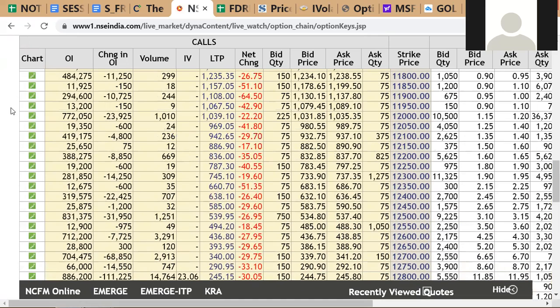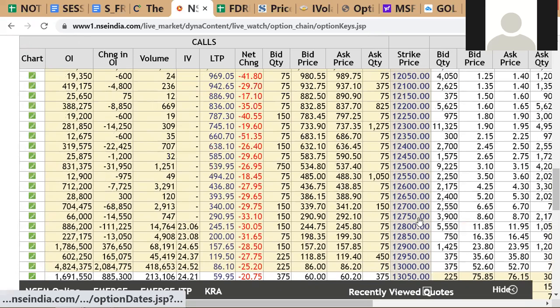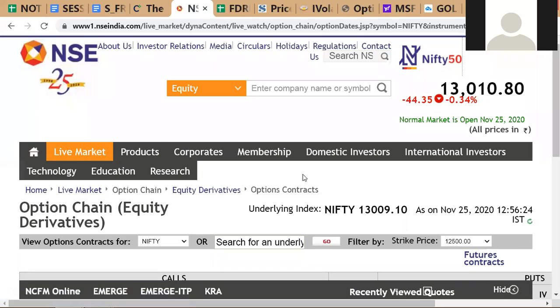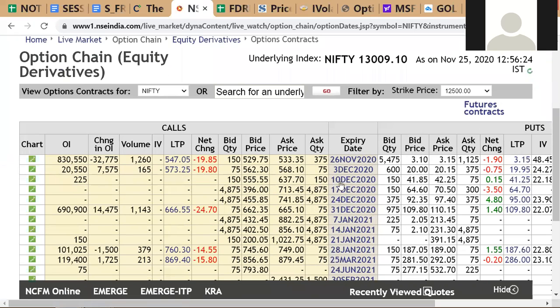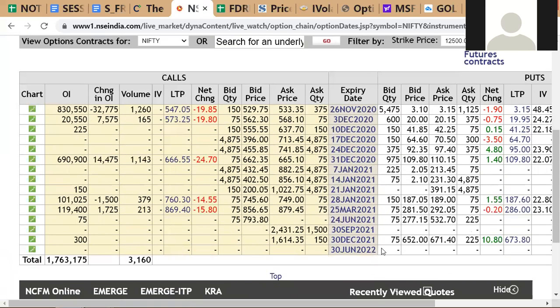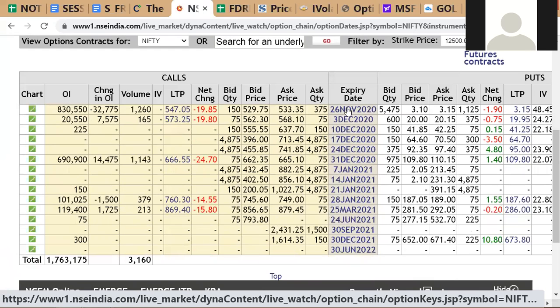If you click on that 12,500, it will show the expiry date. Let's click on it. There are multiple expiry dates that they have taken, but that's okay.